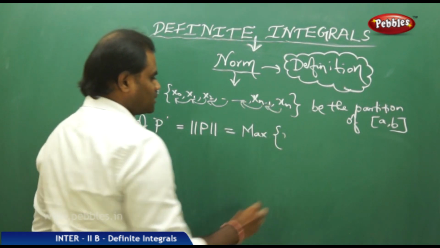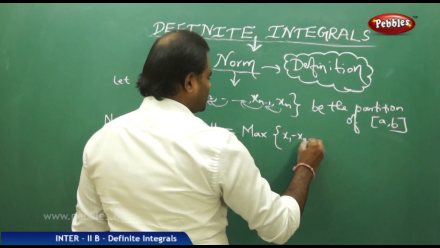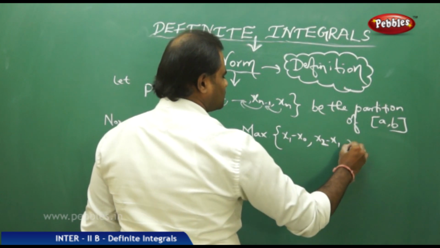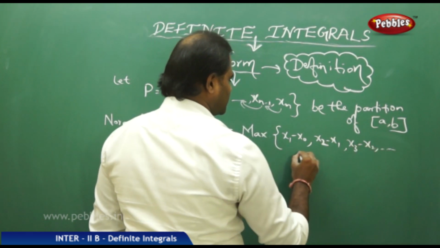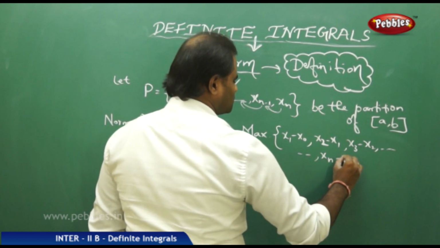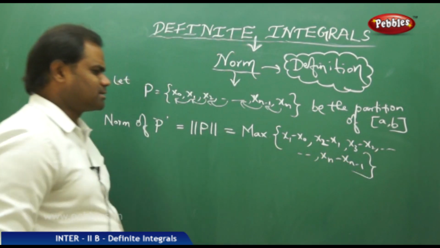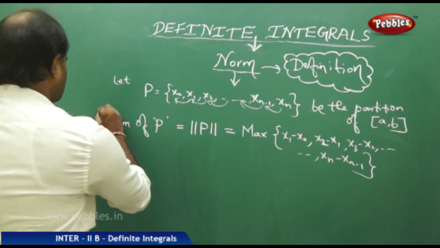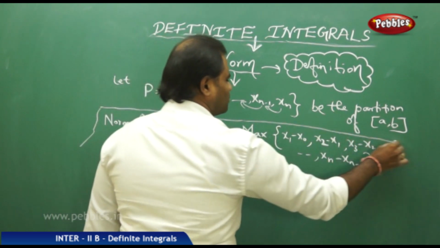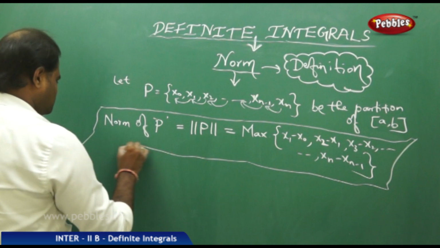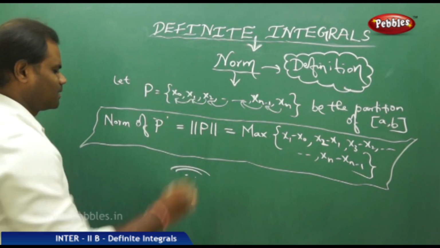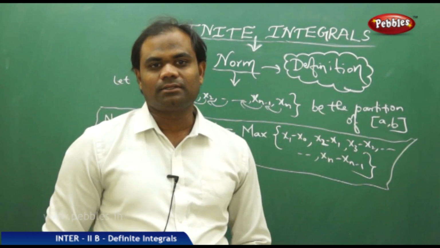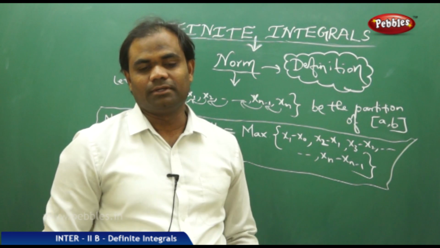That is, x1 minus x0, x2 minus x1, x3 minus x2, and so on up to xn minus xn minus 1. So the max of each of these is called the norm of the partition P, denoted norm P, and it is the maximum of each of the lengths.